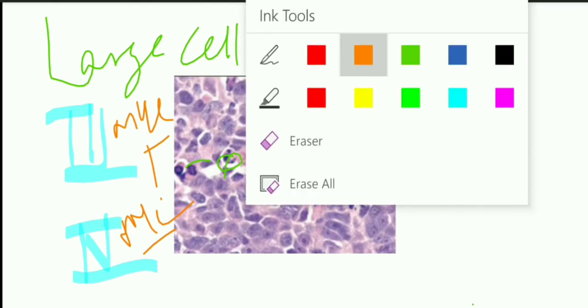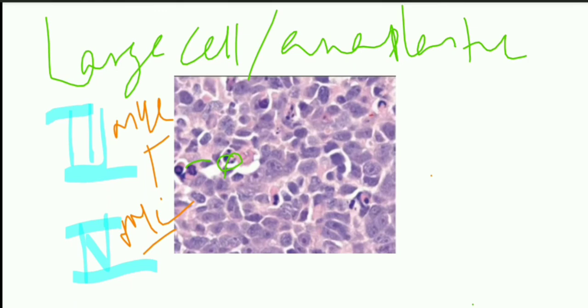If you observe, you can see that one tumor cell is wrapping around another like this. Many cells you can notice like that. So that is the peculiar feature of the large cell or anaplastic variant. Of course the cells are large, bizarre, with hyperchromatic nuclei, but cell wrapping is what you should mainly remember about this large cell or anaplastic variant. Okay, so that is about medulloblastoma.